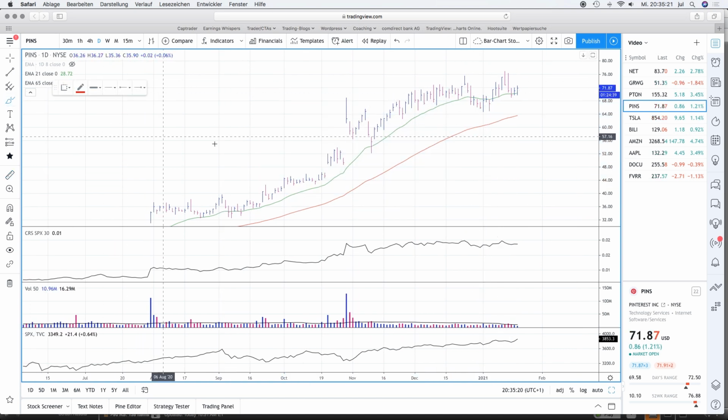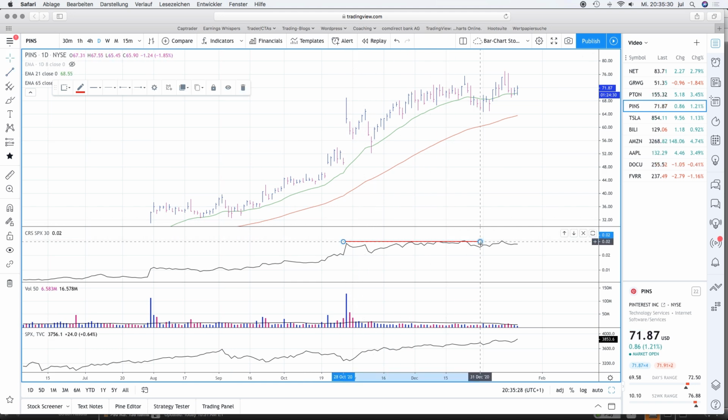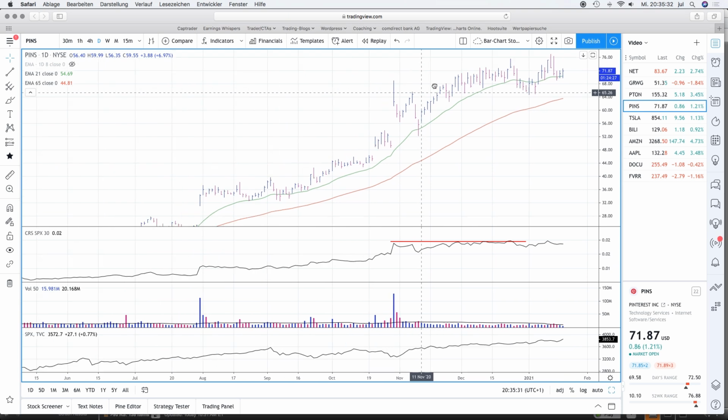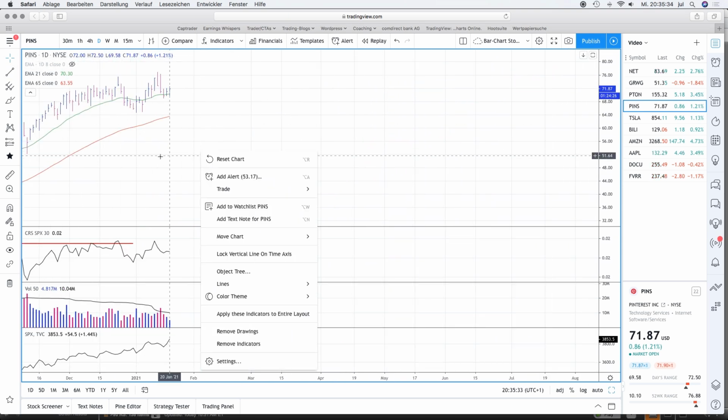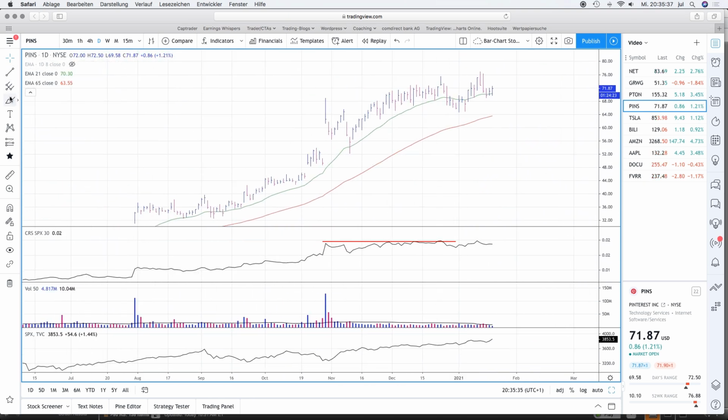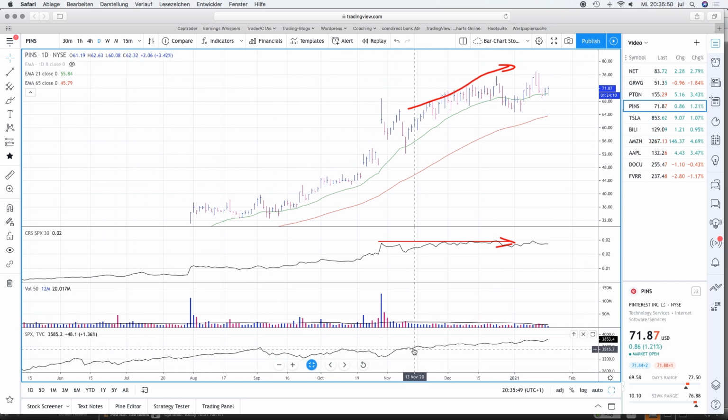And one of the things why I also considered to exit the trade was the RS line, because you can see how flat the RS line was, although the stock was in an uptrend. So prices were still up, but the RS line was going sideways, and this is a sign that the stock is not outperforming the market anymore.